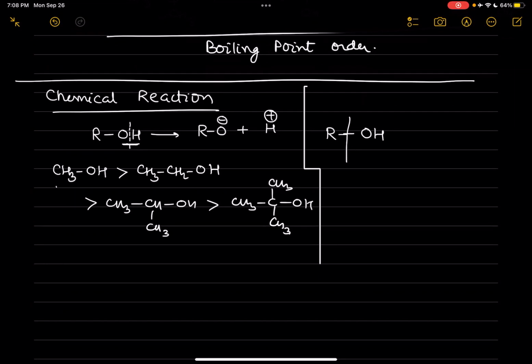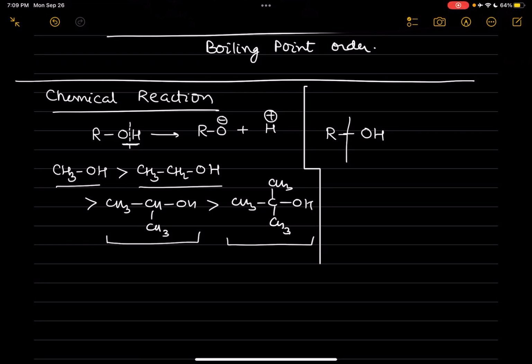Is it clear? So this is methanol. This is the most acidic. And this is ethanol. There are more carbon atoms as compared to methanol, so this is a bit less acidic. And this is propanol, that is 3 carbon atoms. And this is butanol, tertiary butanol. So the more carbon atoms there are, the less acidic your alcohol is going to become. Is it clear?